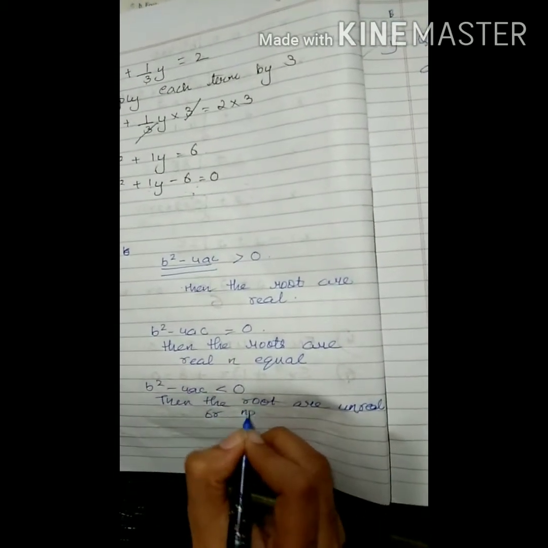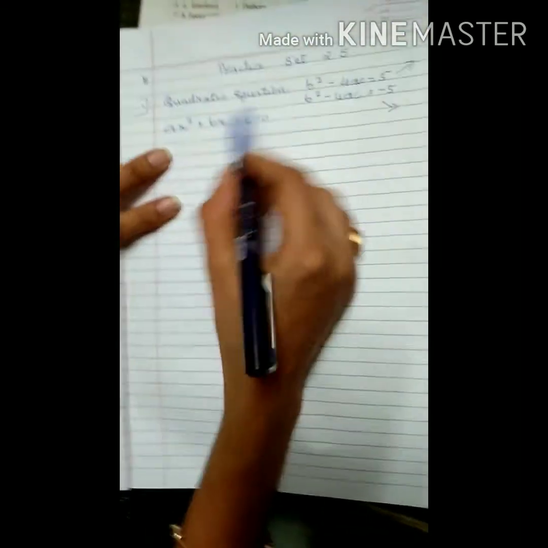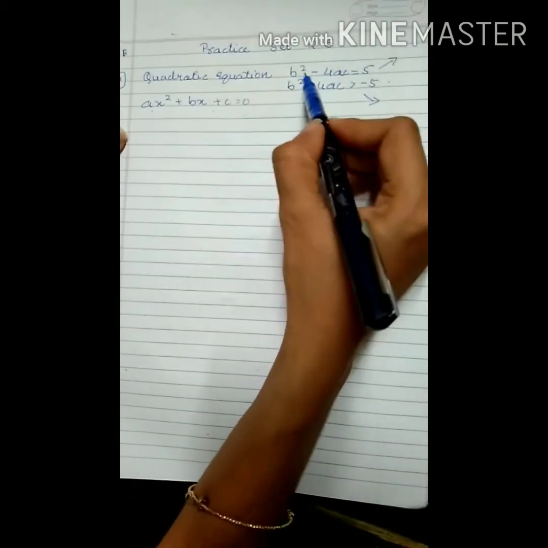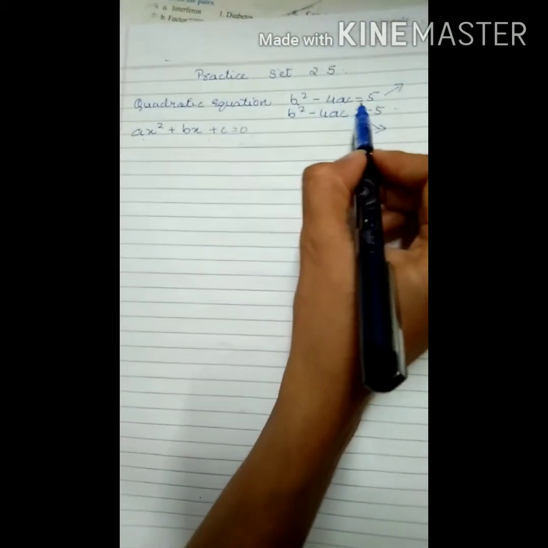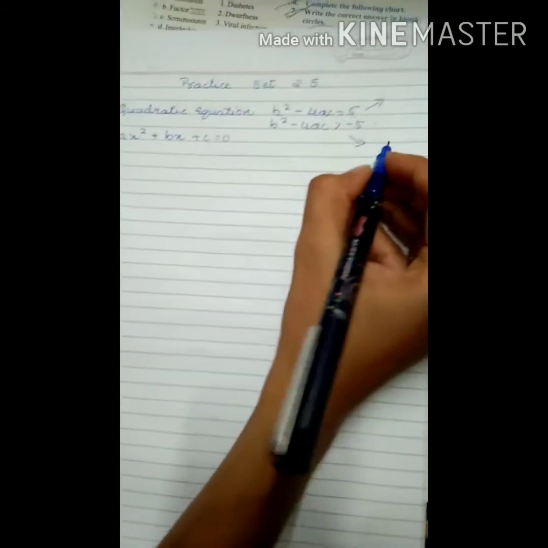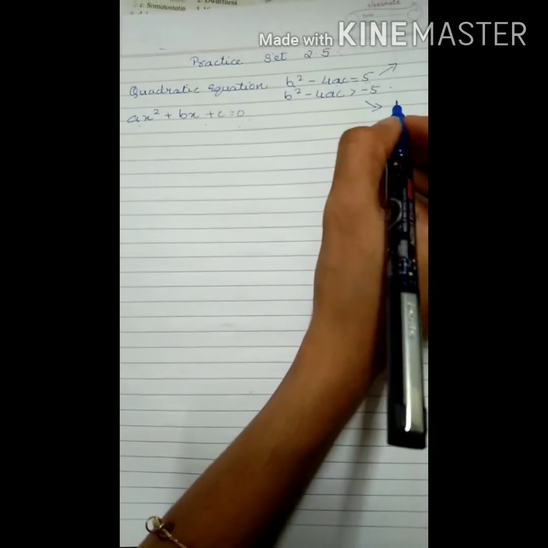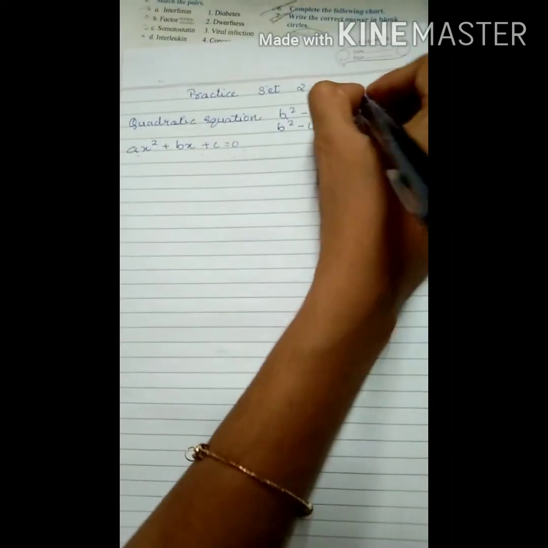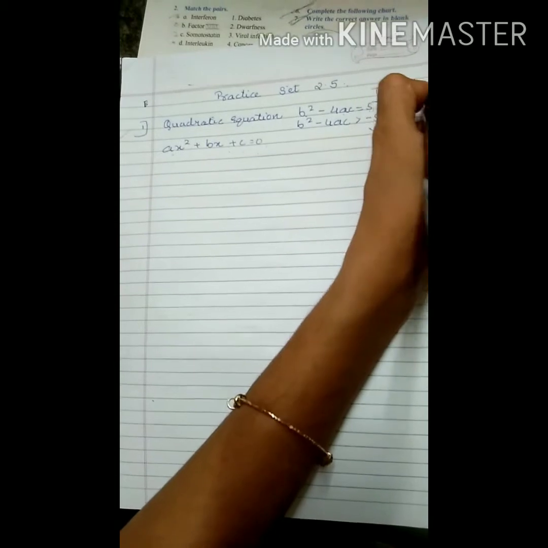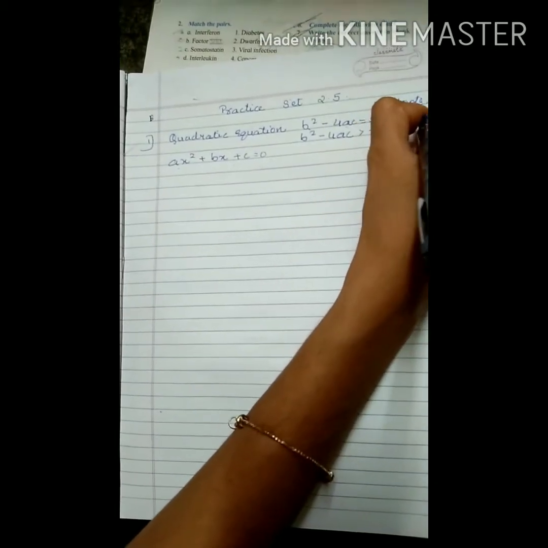Or not real. Now in this question, the quadratic equation is ax square plus bx plus c. This is the general formula. Now the first condition is b square minus 4ac is equal to 5. Equal to 5 means it is greater than 0. If it is greater than 0, then the roots are real. So the first bracket is the roots are real.